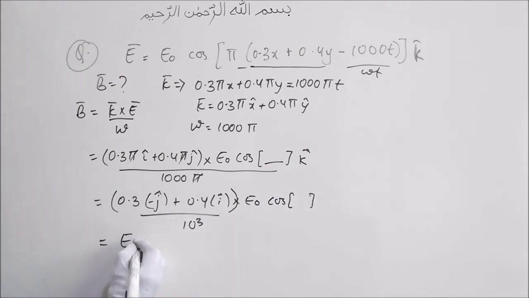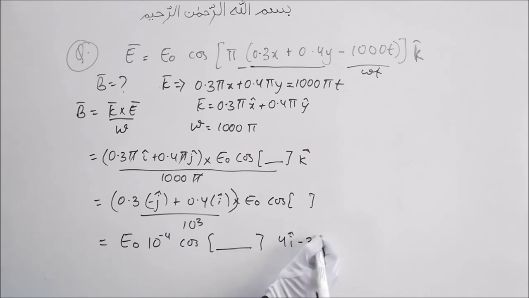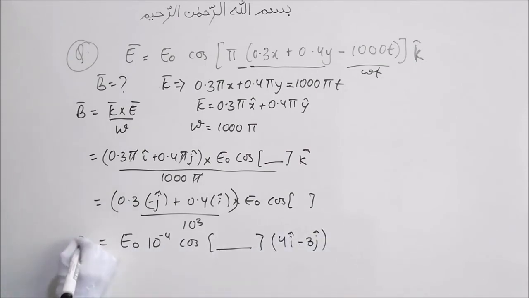It will come up and we'll have E naught times 10 raised to minus 3 and 10 raised to minus 1, that is 10 raised to minus 4, cos of this entire thing, and the direction will be 4 i hat minus 3 j hat. This is the magnetic field B bar.